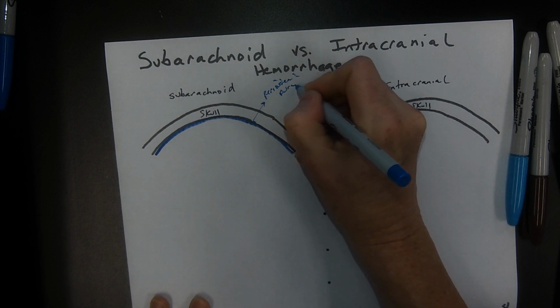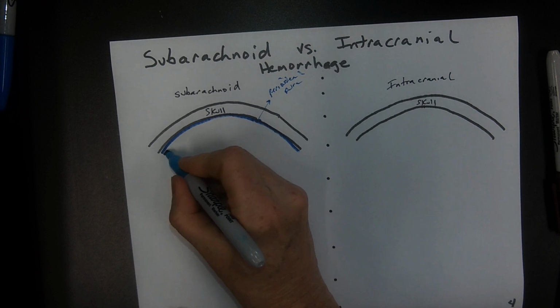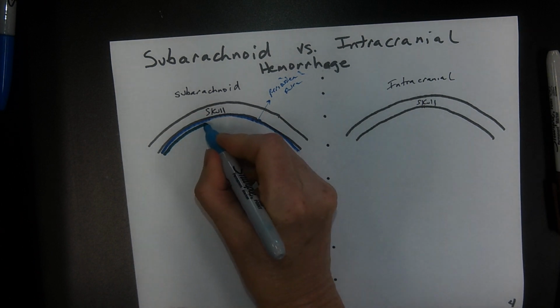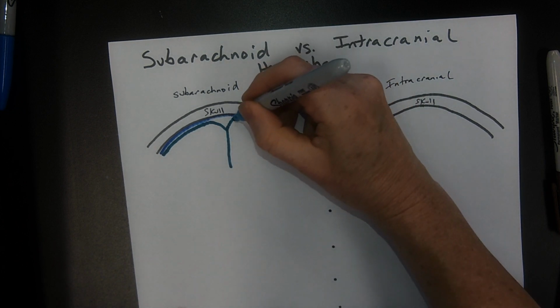That's your periosteal dura. And then you have your meningeal dura, with a little invagination. Okay.